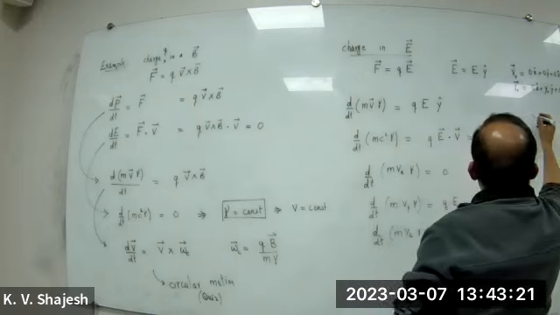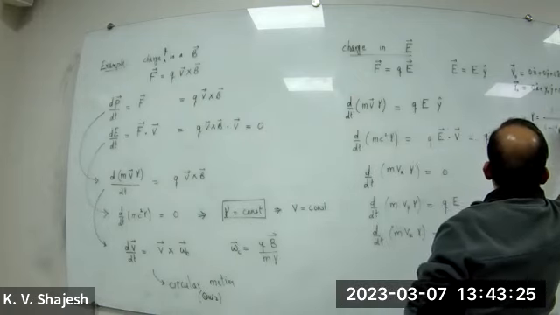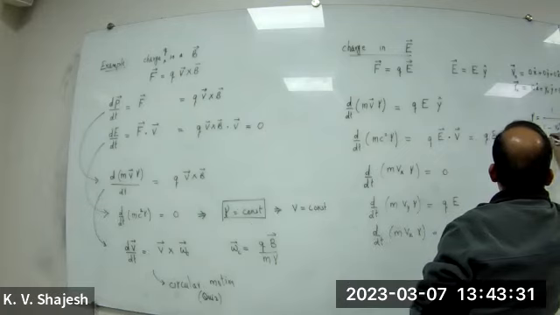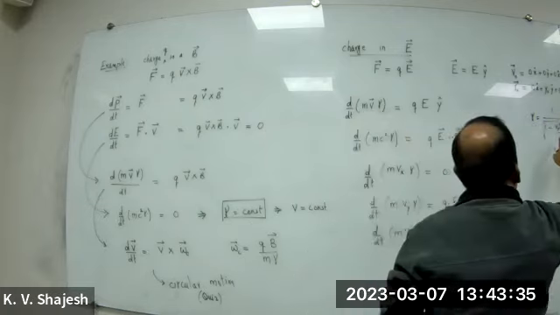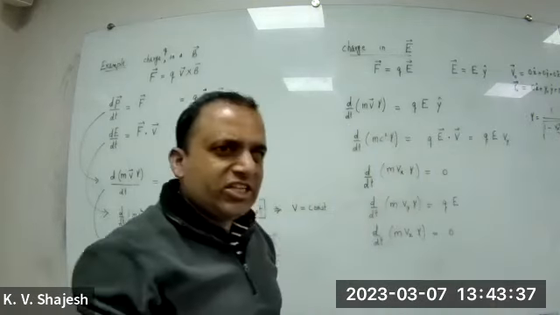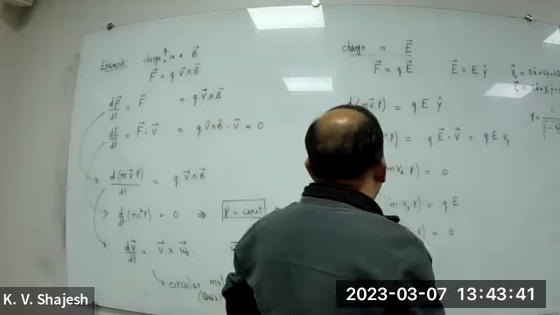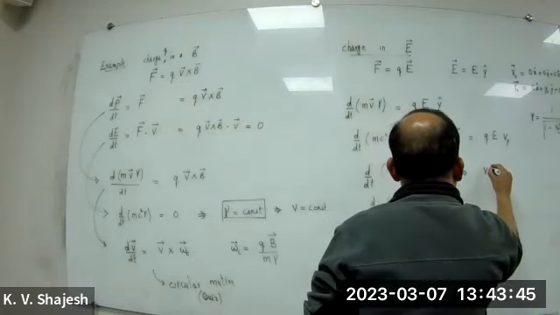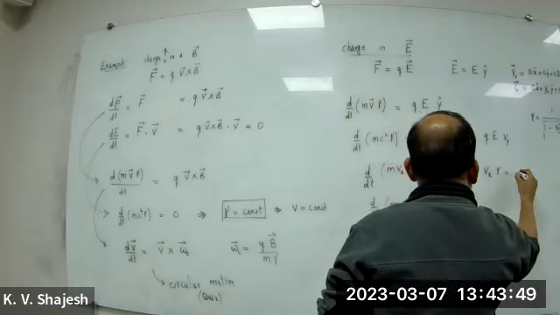Remember, gamma is equal to 1 over the square root of 1 minus Vx squared plus Vy squared plus Vz squared over c squared, right? So first I have to show that Vx and Vz do not change. So this implies that Vx gamma is a constant.